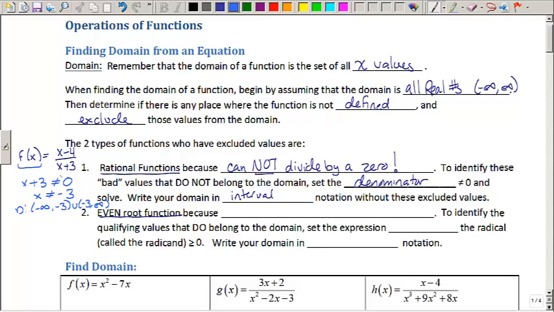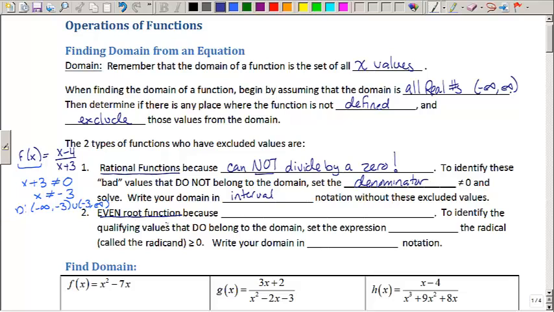In this case, because I have a denominator, I really don't want that denominator to be equal to 0. So everybody gets to come to my domain party except negative 3. I send out my mass invitation, and then I just make sure that negative 3 doesn't get the invitation. He's not included in my domain. And we're going to use this a little bit later as well.